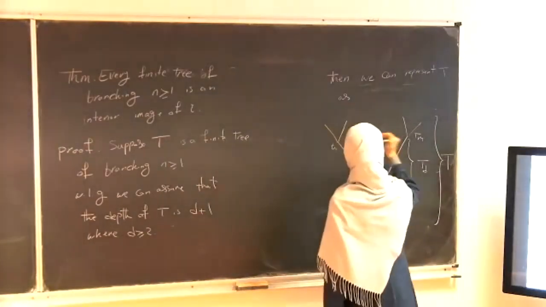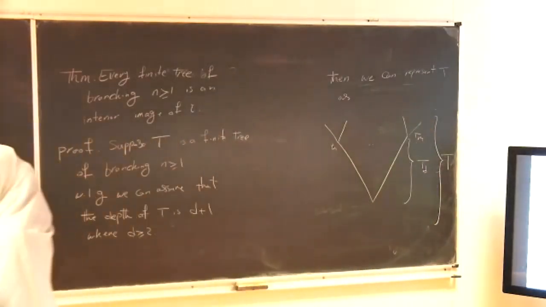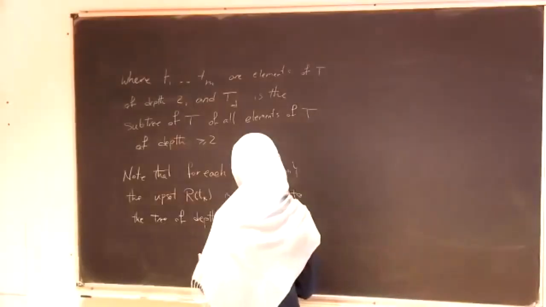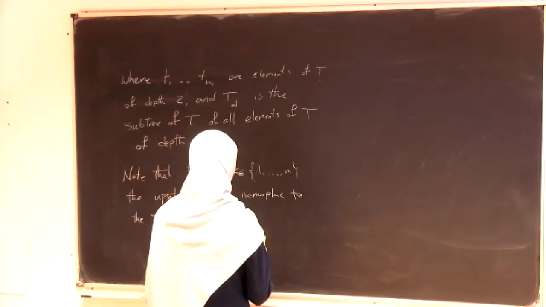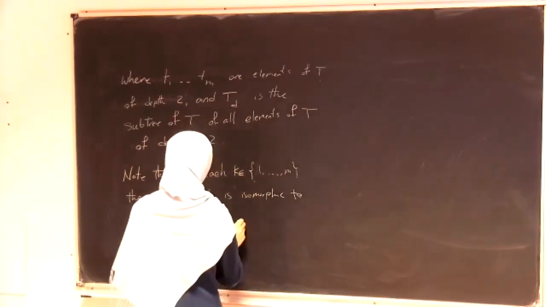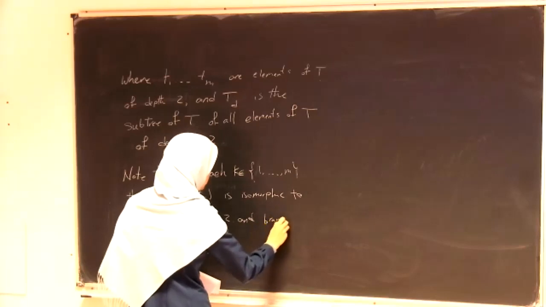Each of them is a tree of depth 2 and branching n.